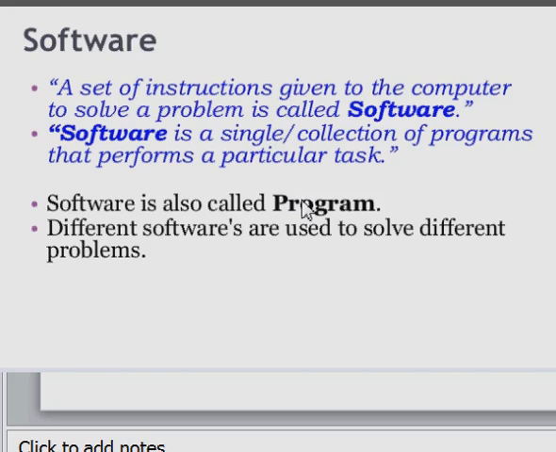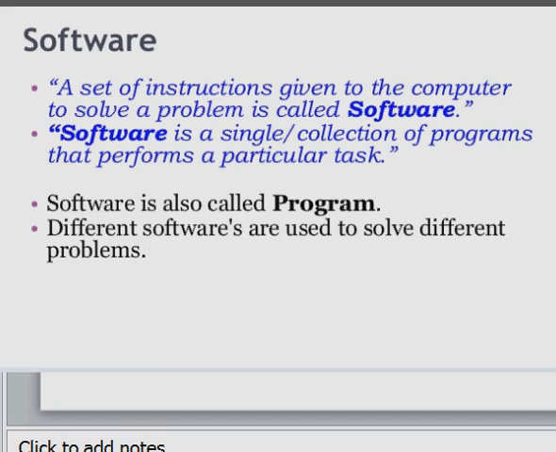And you can say software is a single program or a collection of programs. A software may be one program, or in a software there may be multiple programs built in it. That's why the statement says software is a single collection of programs, and why software is also called a program.